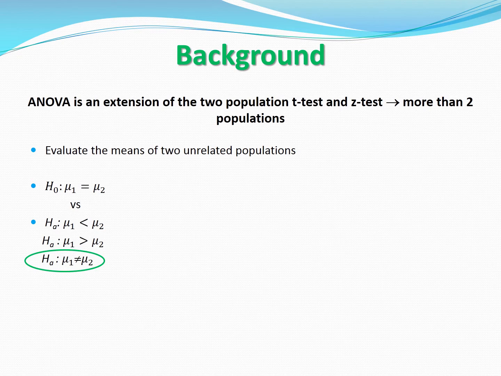In the null hypothesis, we specified that the 2 population means are equal to each other, and the alternative hypothesis could be specified in any of these 3 ways. But in ANOVA, we are only interested in testing whether there's a difference between the population means or not. So we are only going to focus on this alternative hypothesis.